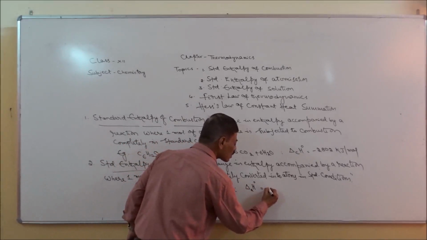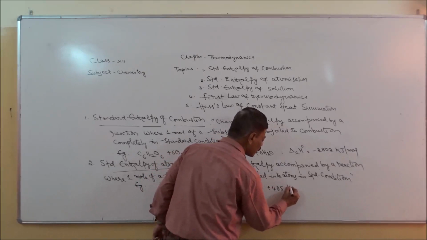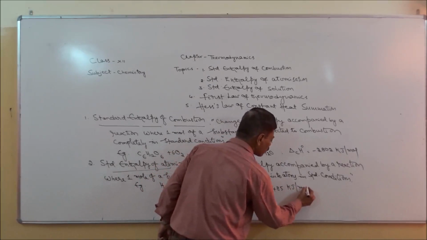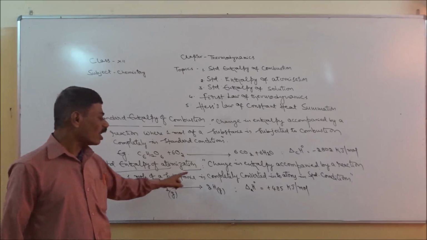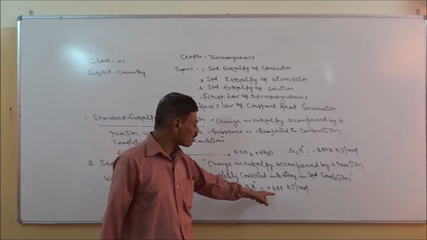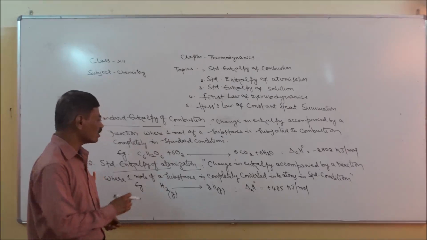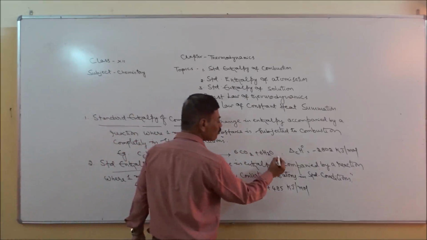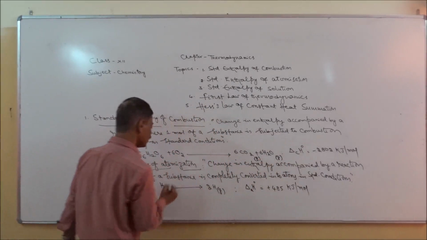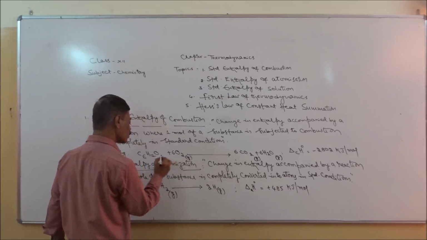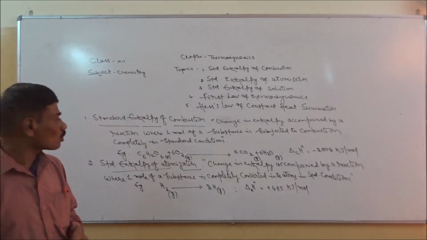So this is plus 485 kilojoules per mole. Means when 2 grams of hydrogen gas is subjected to atomization, this much amount of energy is taken by the system. In this reaction also, if physical states you want, you can write oxygen gas, glucose is solid. C6H12O6 is glucose.